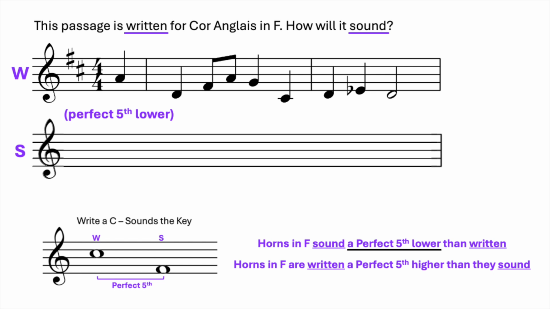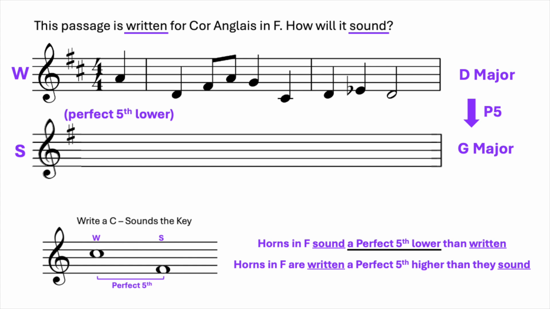So, once we've got over the first major hurdle, we need to look at the key of our music, because in addition to transposing the notes down a perfect fifth, we will also need to transpose the key signature. The given passage is written in D major. If we take the note D down a perfect fifth, we will land on the note G, so I will write in the key signature for G major.